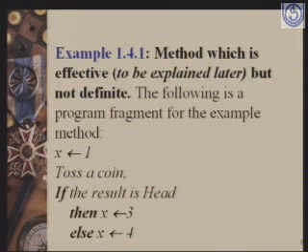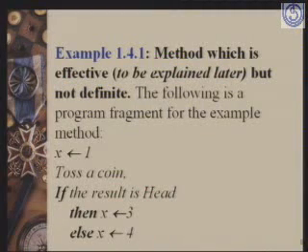Now friends, you see that in this particular case, when the initial value of the variable x is 1, the next value cannot be determined in advance because the value is dependent upon the outcome of the tossing of a coin. So sometimes the next value assigned to x may be 3, at other times the value of x may be 4.